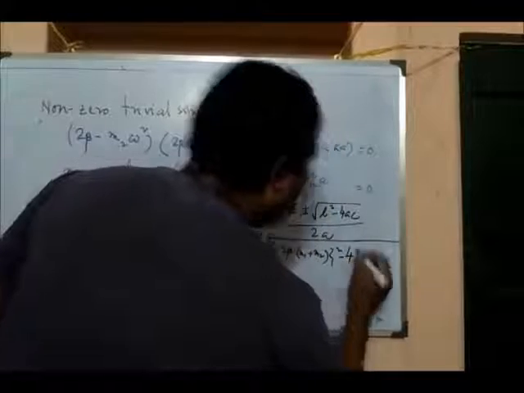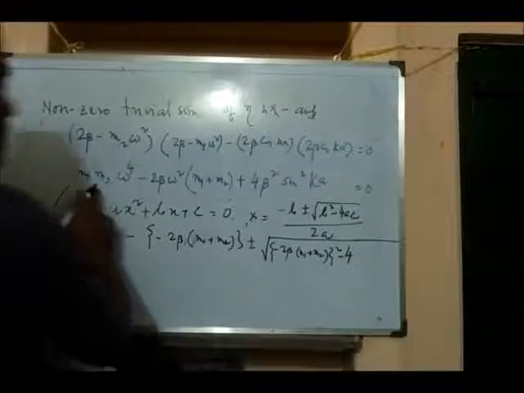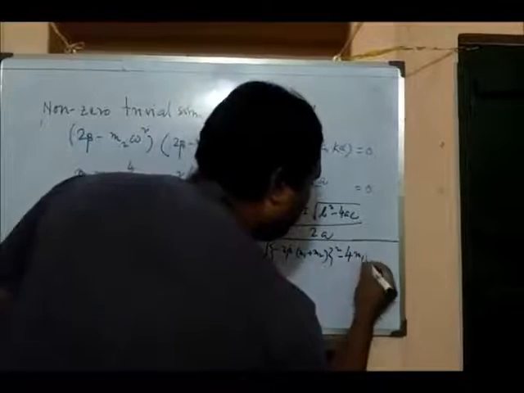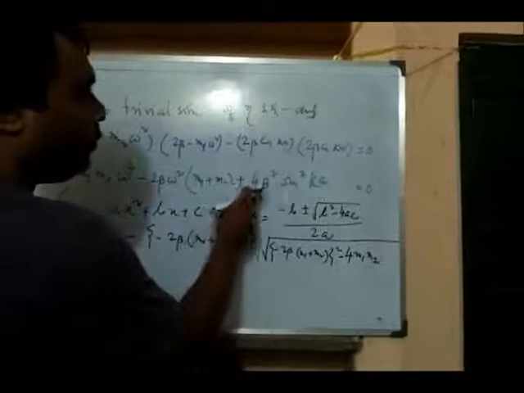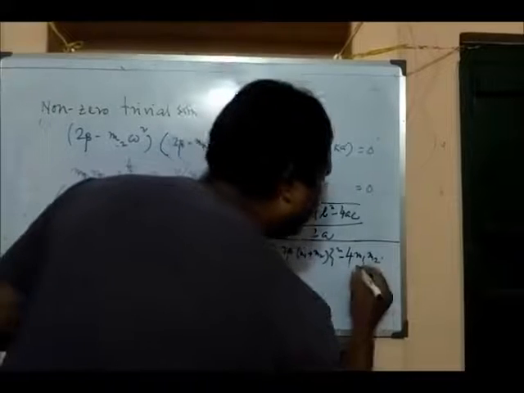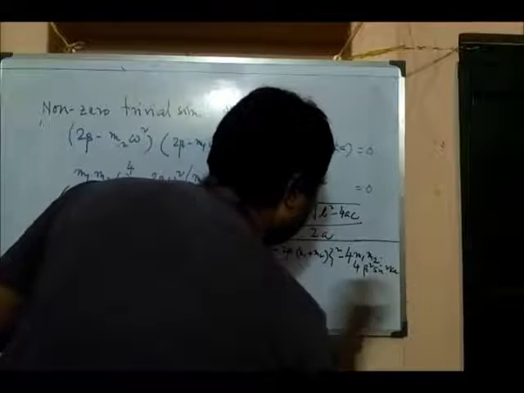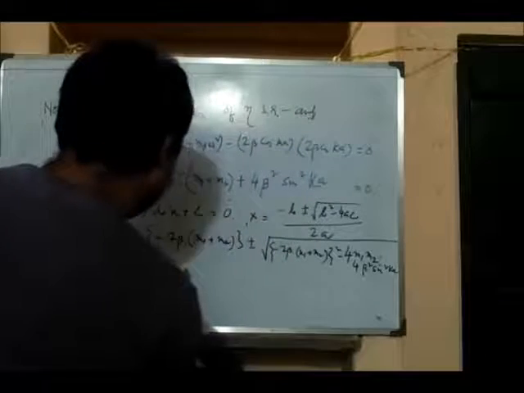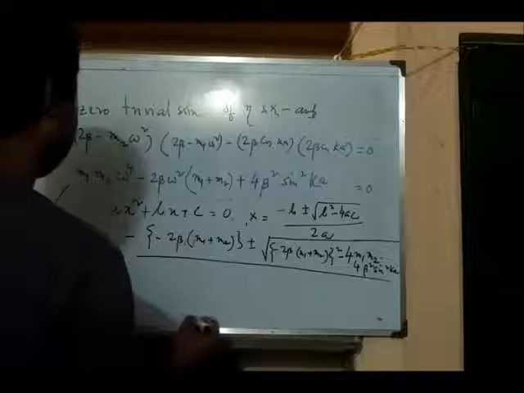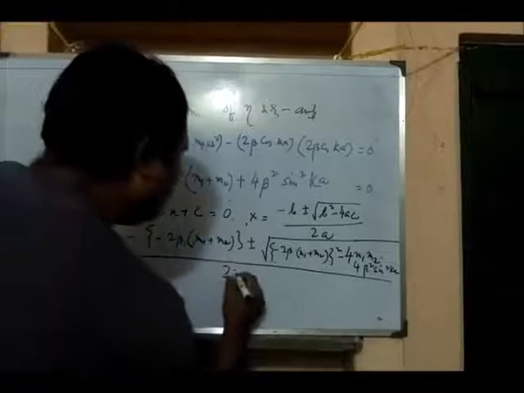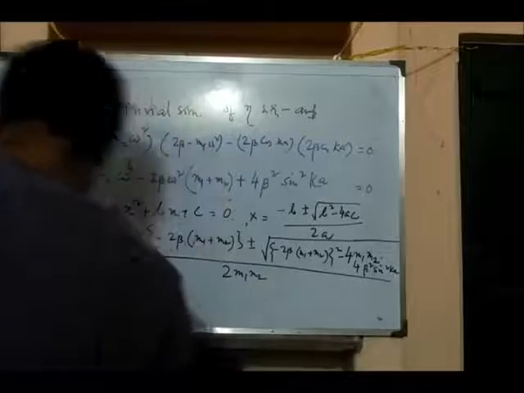So 4 times m1 m2 multiplied by this 4 beta square sin square Ka. The whole thing is divided by just 2 m1 m2.